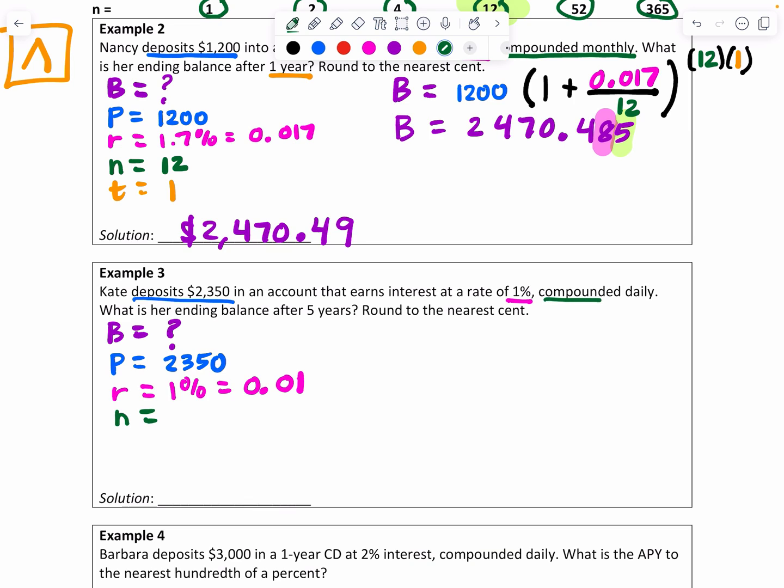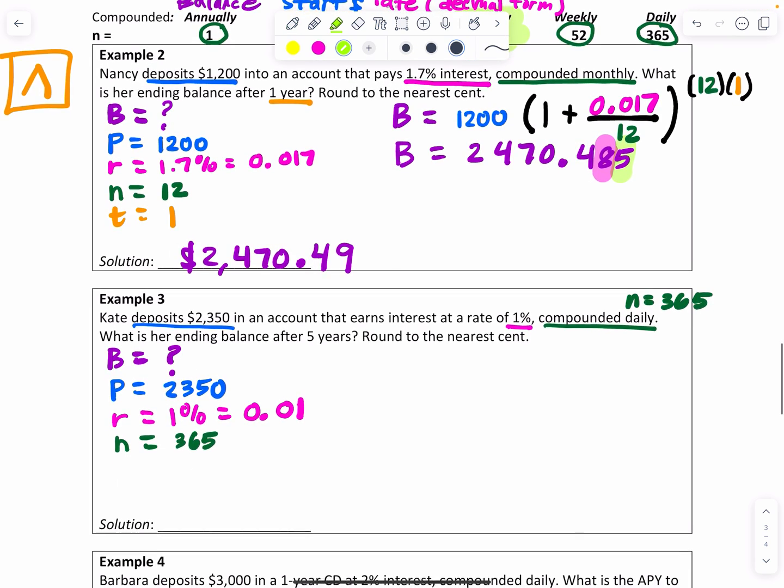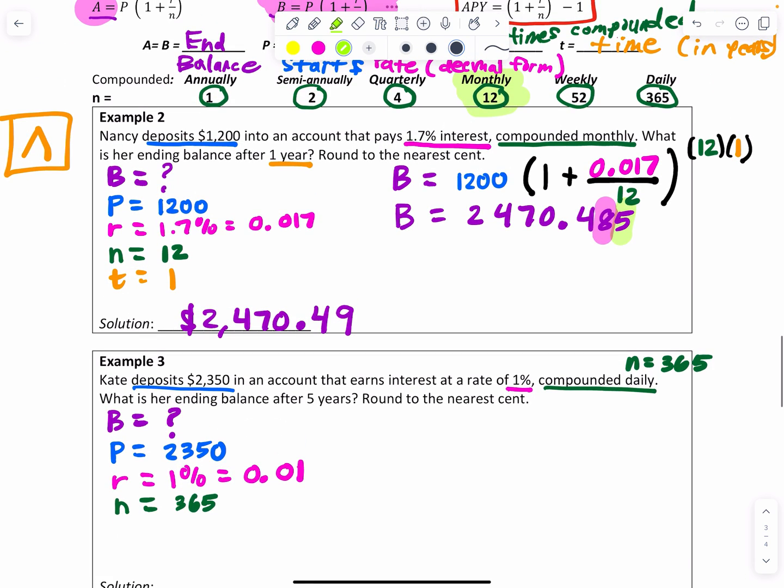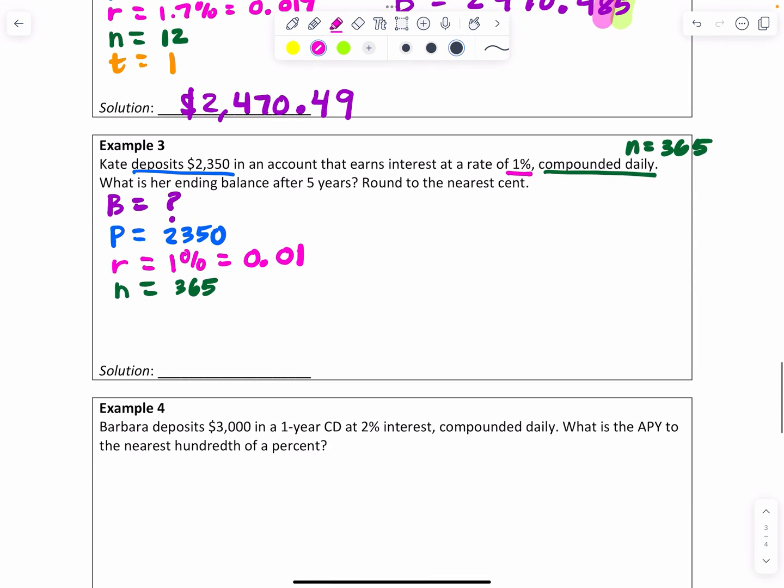It's compounded daily, so that tells me that N equals 365 because there's 365 days in a year. And if you're looking at this chart right here, it tells you compounded daily right there. Okay, and then time, how long is she doing this for? 5 years, so T is going to equal 5.